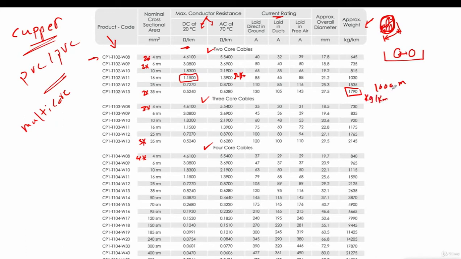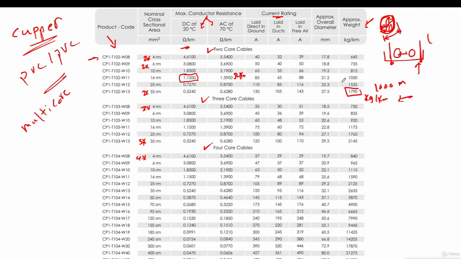Kilometer means 1,000 meters. And why do you need the weight of the cable? You need it because if you install this cable in a cable tray or cable trunk, you need to identify the weight to choose the appropriate support to hold your cable tray. The weight is very important in your calculations.